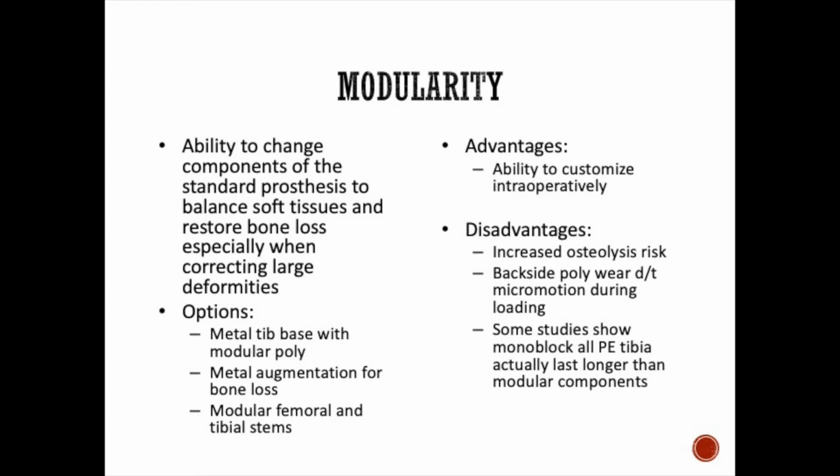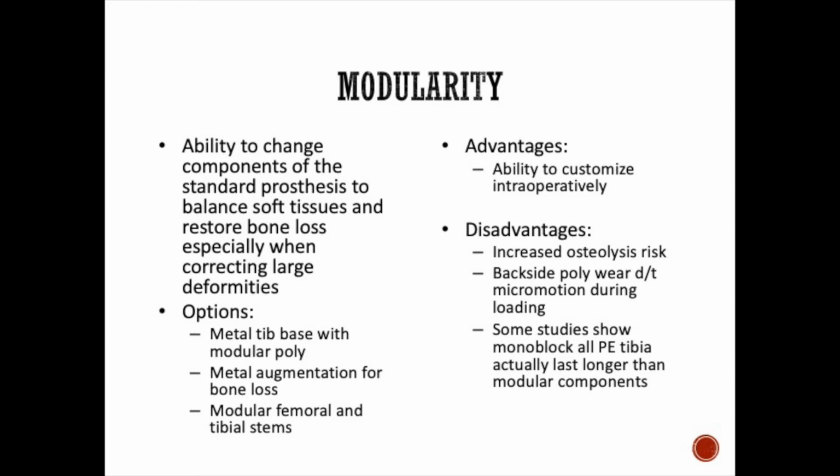The disadvantages are increased osteolysis risk because you now have multiple different things happening to the polyethylene, multiple sizes, multiple wear properties. You have backside polyethylene wear because you now have multiple junctional sites of where the polyethylene is loaded.